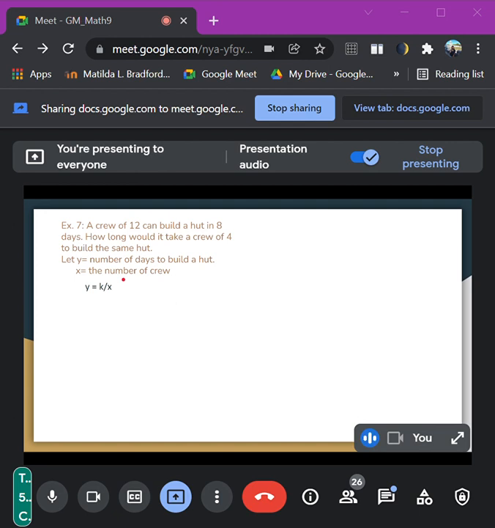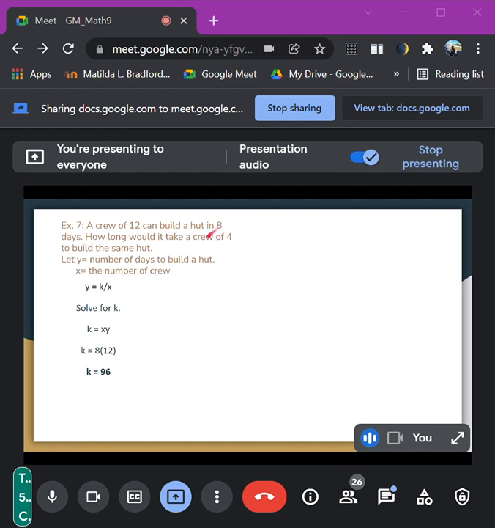And then, let's solve for k. Since we labeled y as the number of days, that is 8. And the number of crew is 12. So, we multiply, k is 8 times 12. So, that is 96. So, that is the constant.